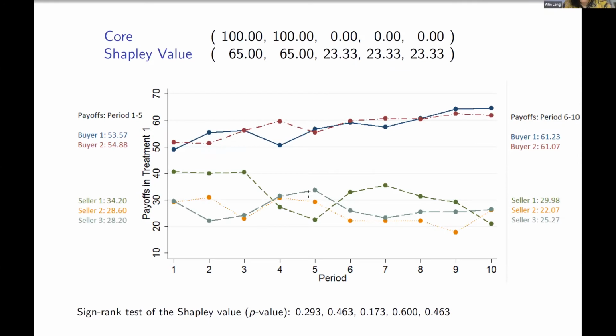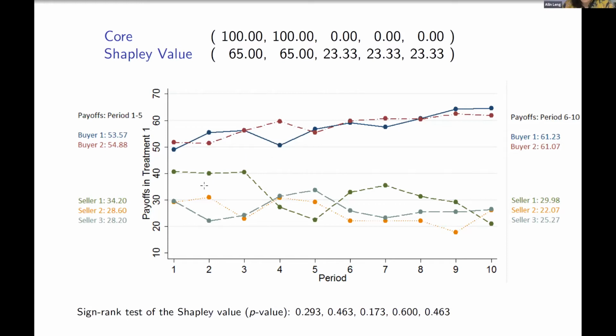So here is the result for the baseline treatment. Let's look at the payoff of the two buyers first. The two buyers' payoffs start at the 50-50 equal split. Then gradually they increase above 60 points.